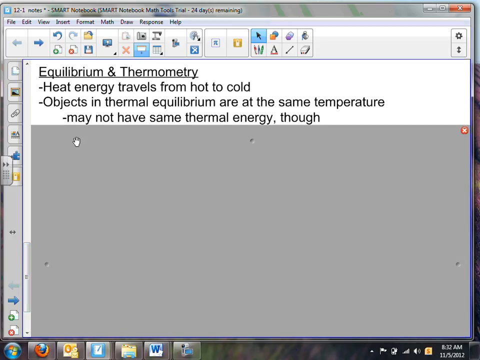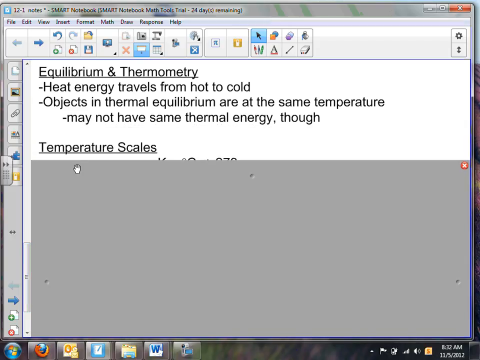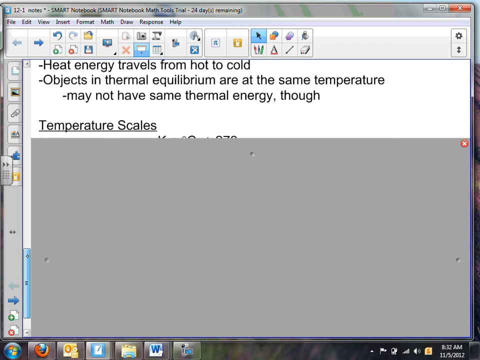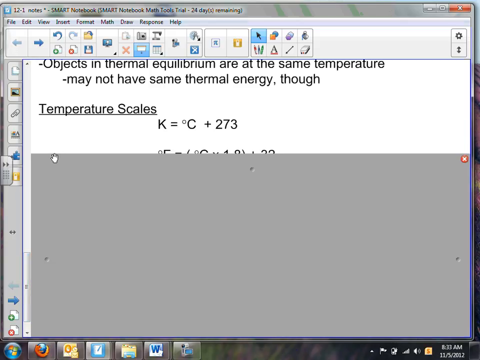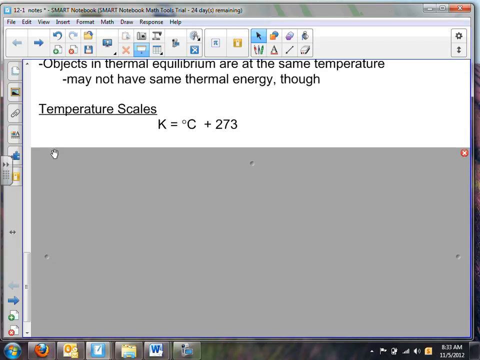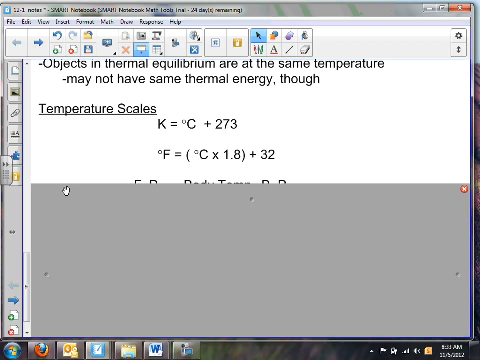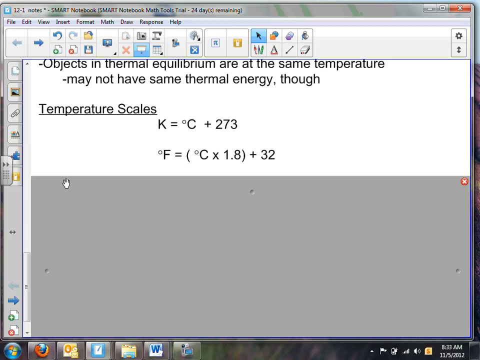So let's look lastly at some different temperature scales. In science, we measure in Celsius degrees, but the SI unit is Kelvin, so to convert from Celsius to Kelvin, we need to add 273 degrees. To convert from Celsius to Fahrenheit, what you'd have to do is take your Celsius temperature times 1.8 and then add 32 to that.